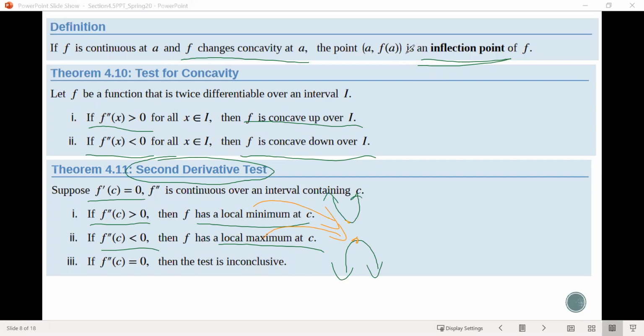And then finally, if the value of the second derivative equals 0, like it says, the test is inconclusive, but more likely than not, that would be the location of an inflection point, which is why it's neither concave up nor concave down there, because it's where the concavity is changing.